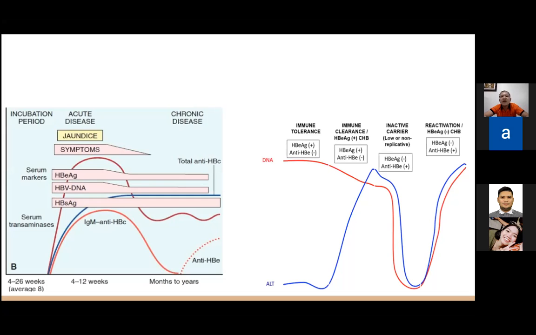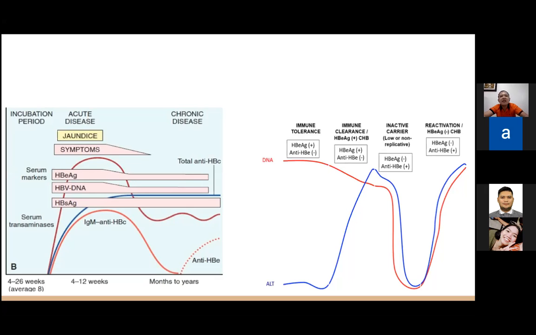So in the left diagram, it's more likely on the lower right part, where months to years you have your antibody. What's nice about this Hep B profile is that when you have antibodies already, it means that you don't have the antigen corresponding to that antibody.